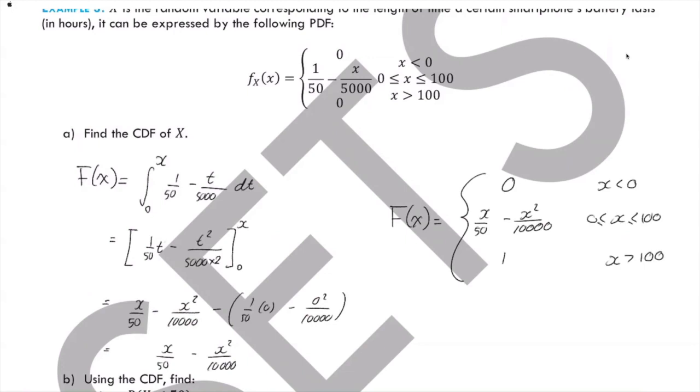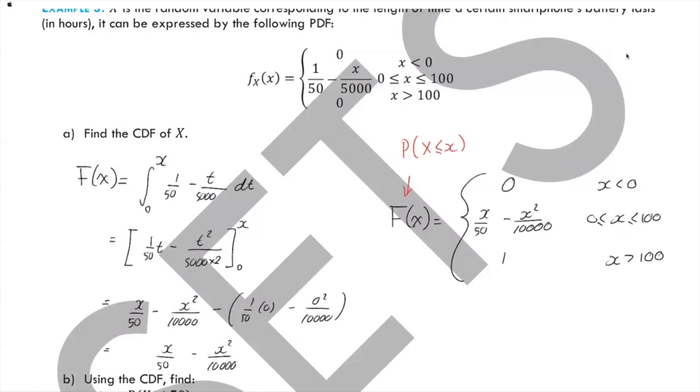Okay, so remember what your CDF is trying to tell you. It's trying to tell you the probability that x is less than or equal to a particular x value. Remember, this is a smartphone battery example.